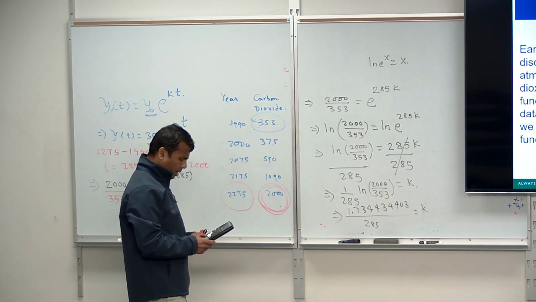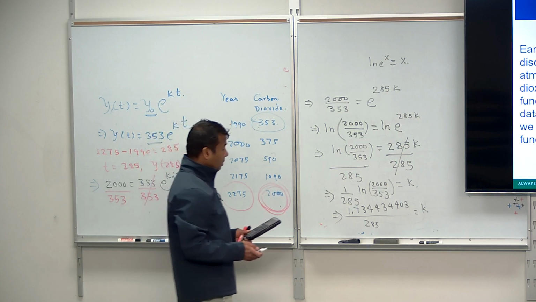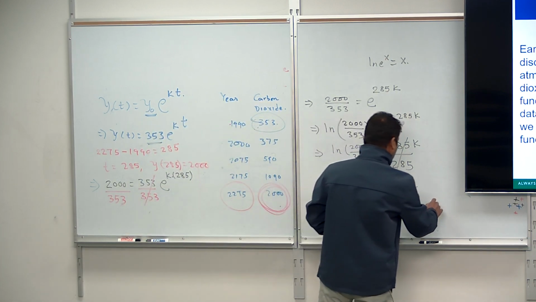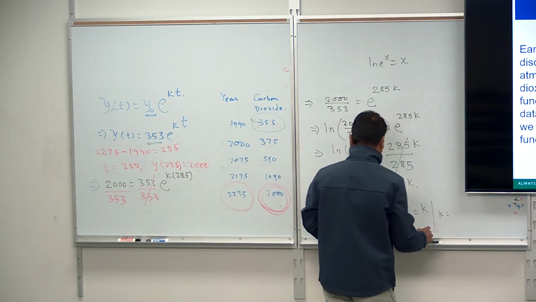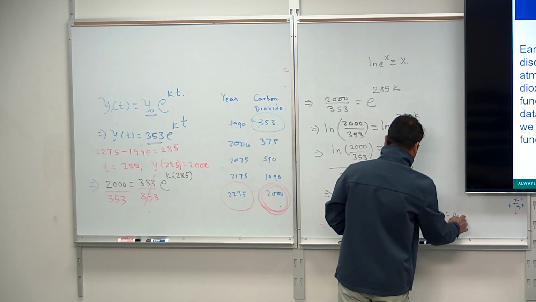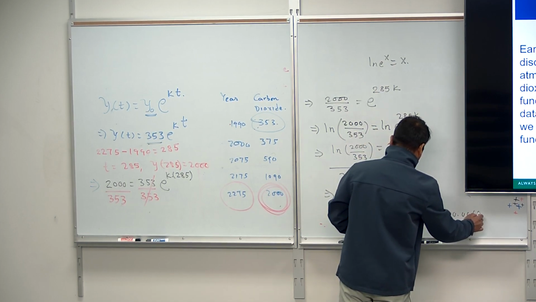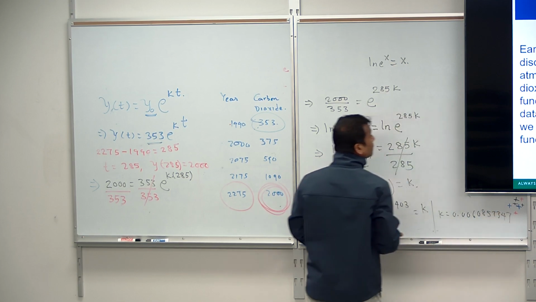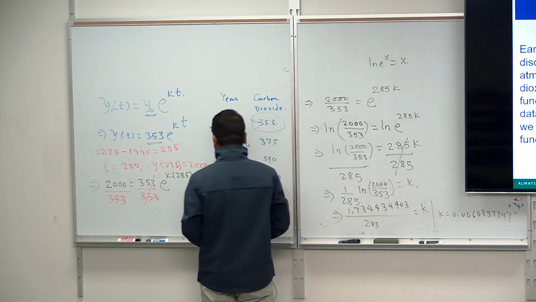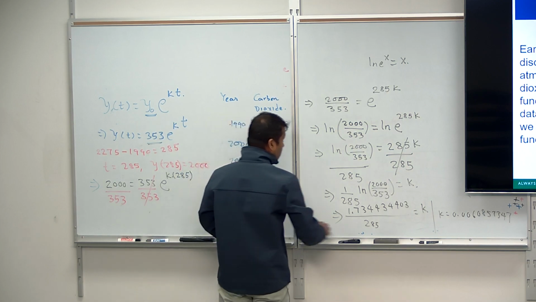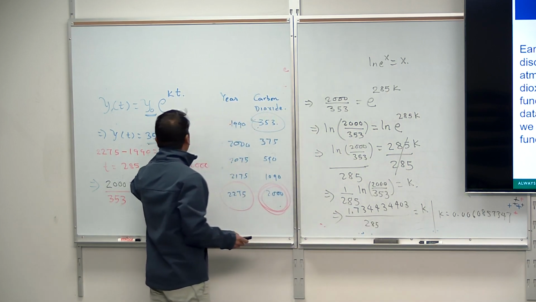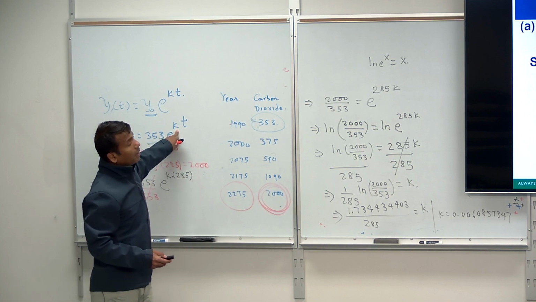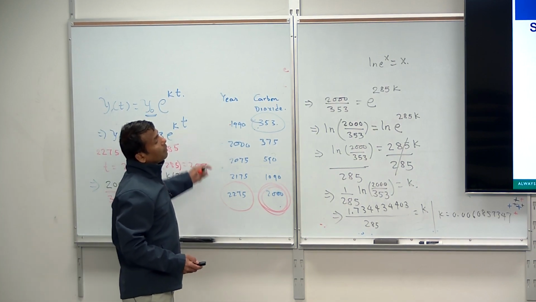Divide by 285, so I got k equals 0.0060857347. This is the value of k, and you have to plug in the value of k here to get the solution, okay?